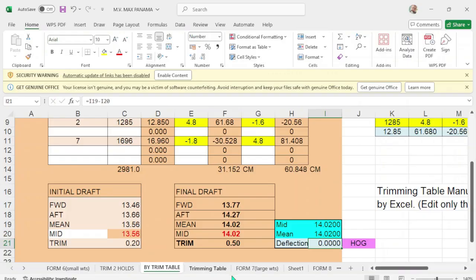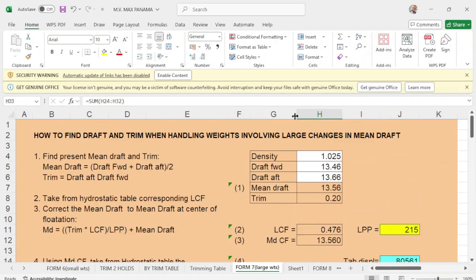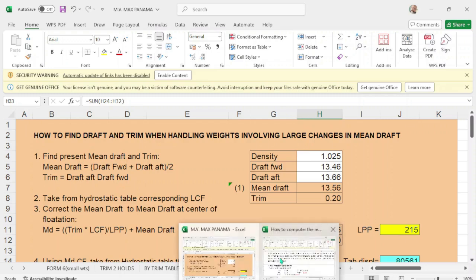Okay. Now we go to form number 7. Form number 7 is how to find drop and trim when handling weights involving large changes in main drop. Take note that the density at berth is seawater according to the problem.